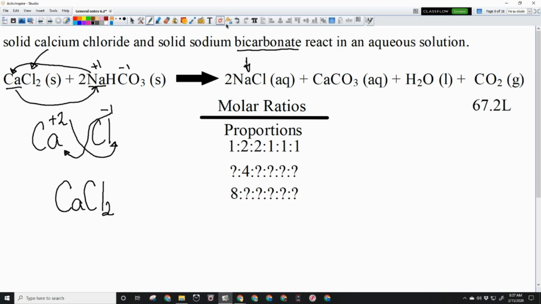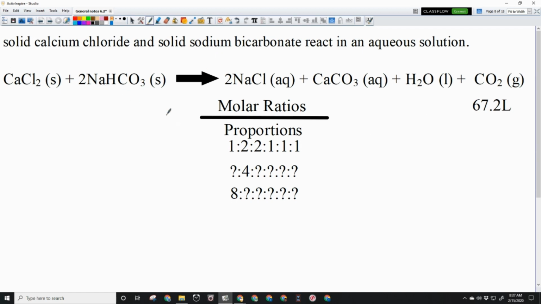Okay, so if we look at these, we can see that when we balance this equation, we need a 2 here and a 2 here to balance this. Now, when we're talking about balancing equations, I didn't tell you what those 2's were. 2 what? 2 atoms? 2 teaspoons?